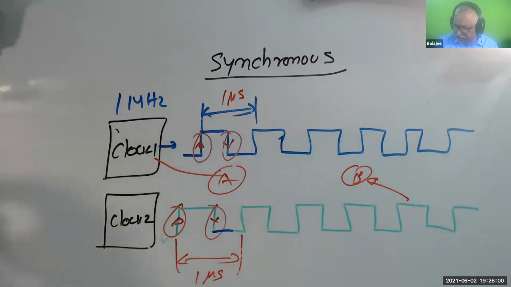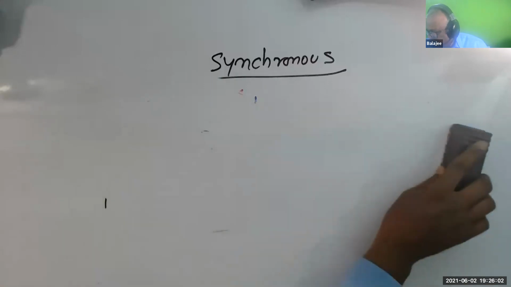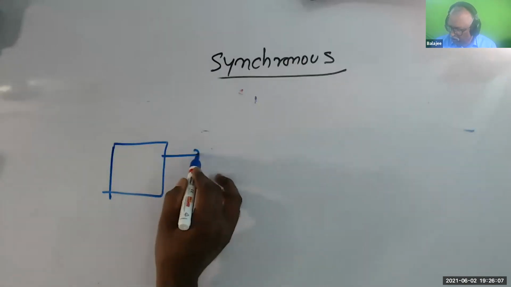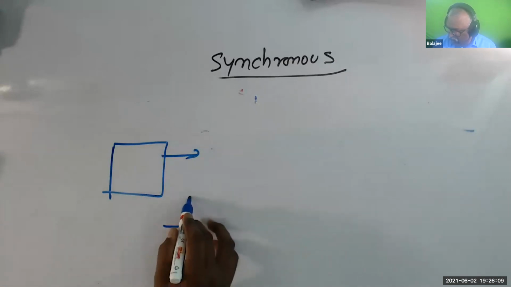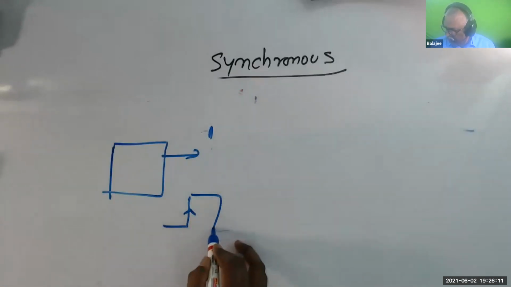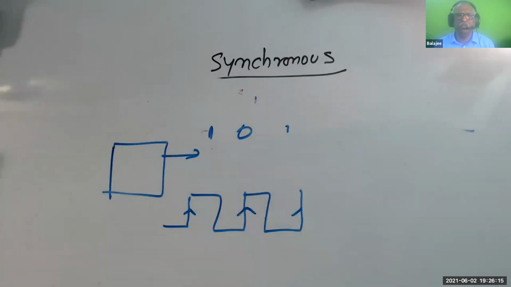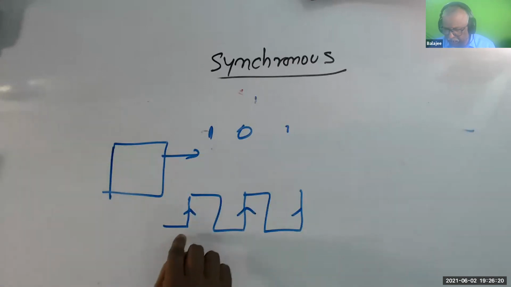But we discussed yesterday, the transmitter sends the data on the rising edge of the clock. I send 1. Every time, whenever there's a clock rise, I send data. So for me, while sending, I reference my clock.